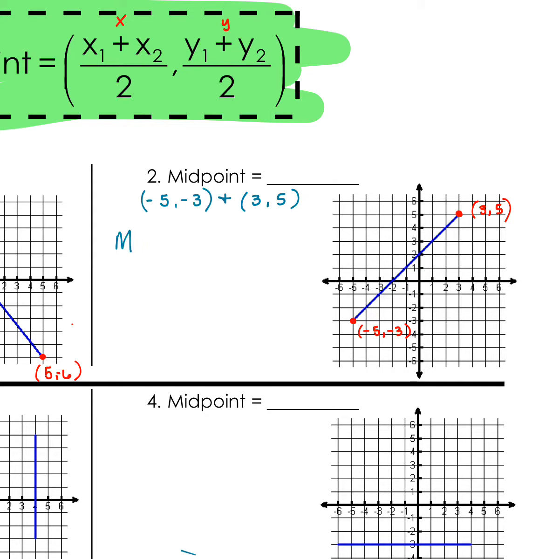So we're going to use the midpoint formula: x1 plus x2, y1 plus y2. So negative 5 plus 3, negative 3 plus 5.